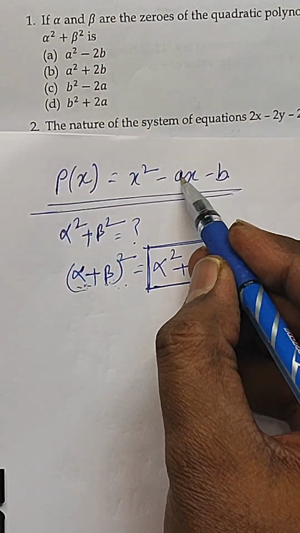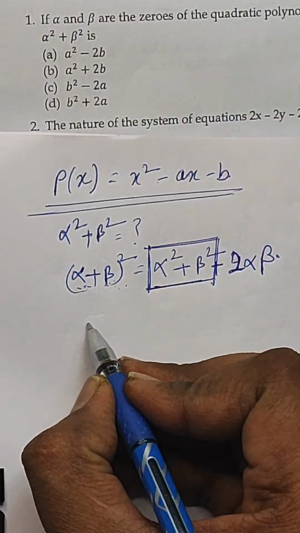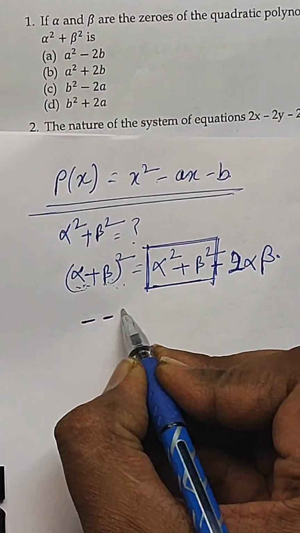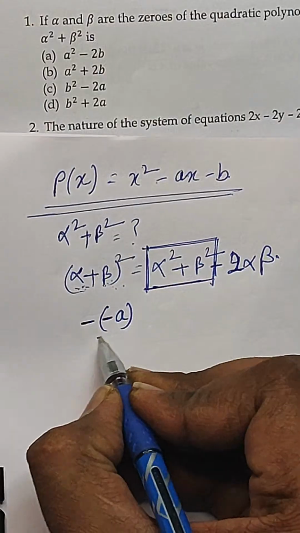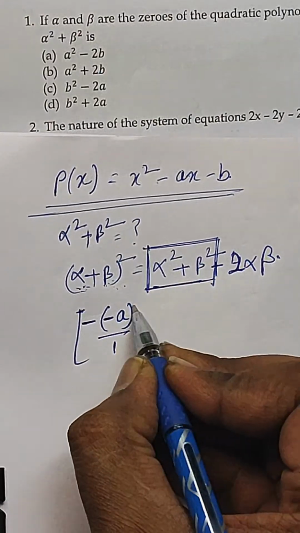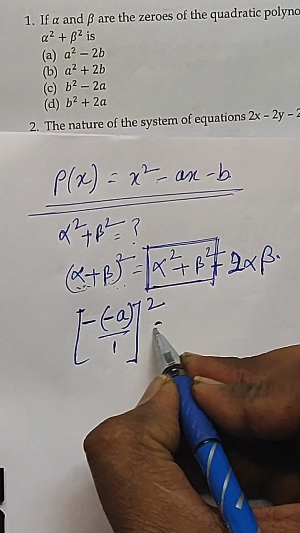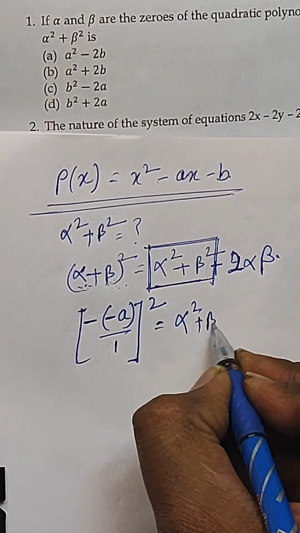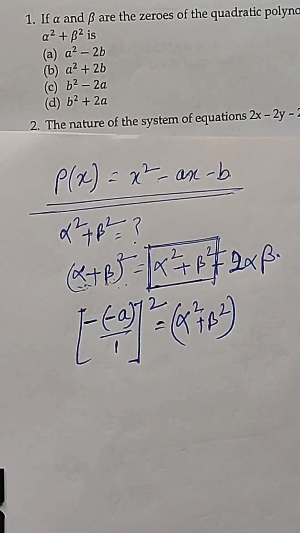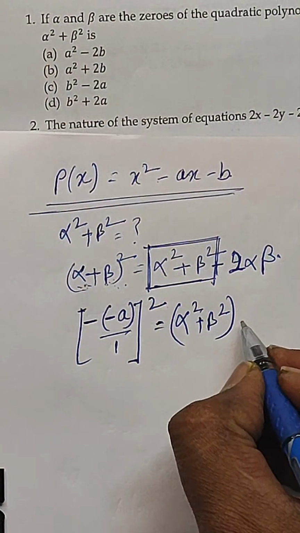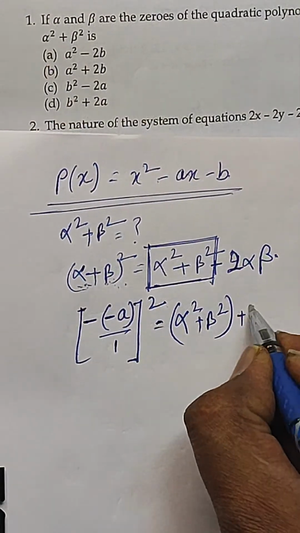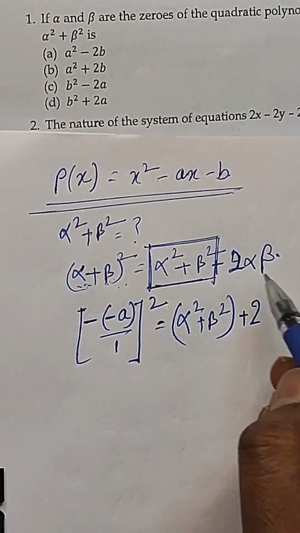So here minus b by a becomes sum of the roots is minus times minus a divided by 1. So this will be coming into the LHS, right? And into the RHS we have alpha square plus beta square, whose value needs to be identified, plus 2 times alpha beta.